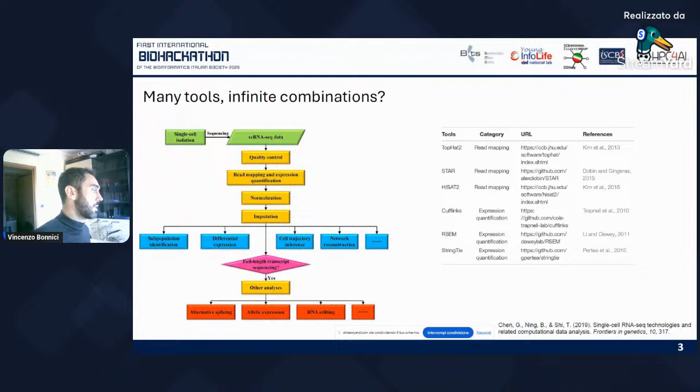However, many scientists do not like imputation for specific purposes, so it's good to take care and manage it in a very precise way, because you can also introduce some artifacts that are not in your biological data. So usually this step is optional, and you may want to run it or not.